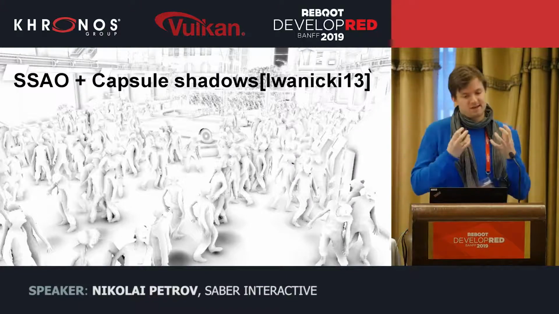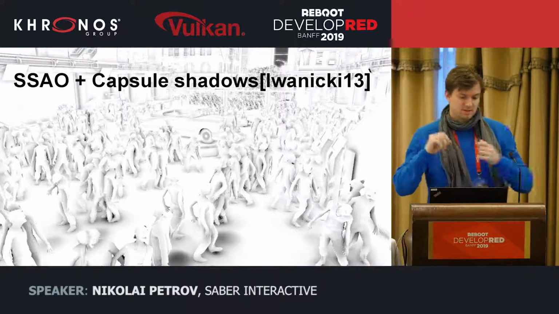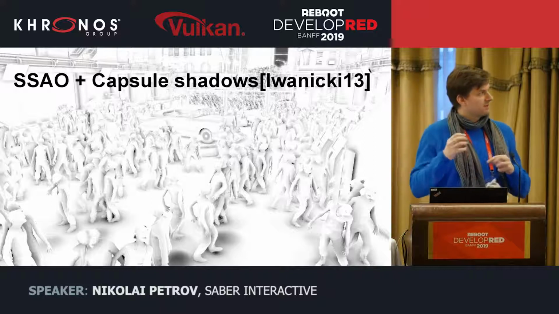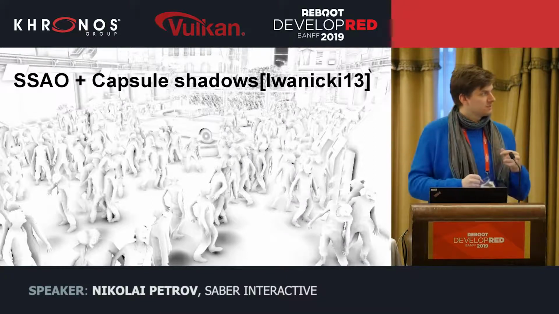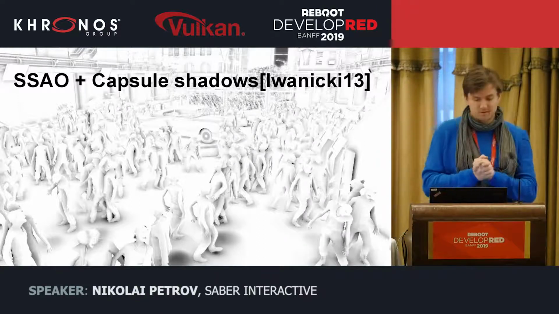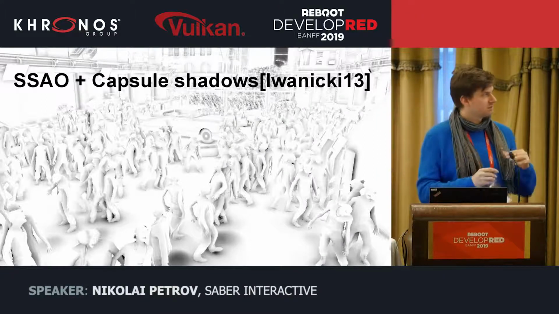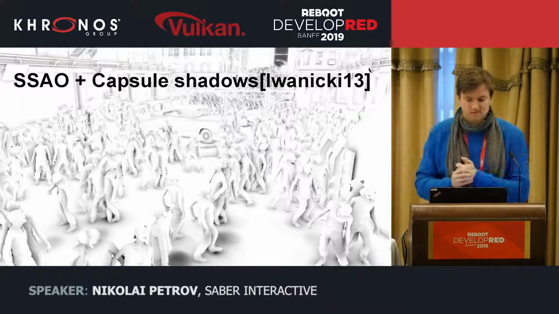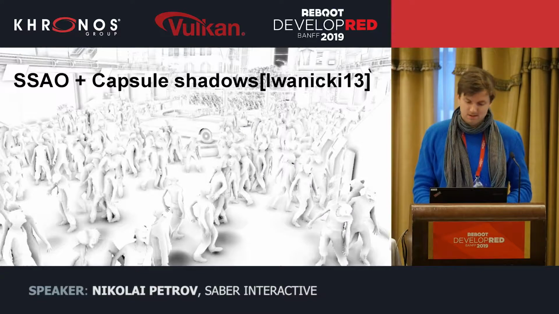We want something like soft shadows from the indirect lighting. So for that, we use the so-called capsule shadows, a set of capsules attached to each character skeleton. Each capsule can cast ambient occlusion and directional occlusion. For the directional part, we use the dominant light direction from the light probes grid. This combined term is then applied to the indirect lighting and the reflection in the further color pass.